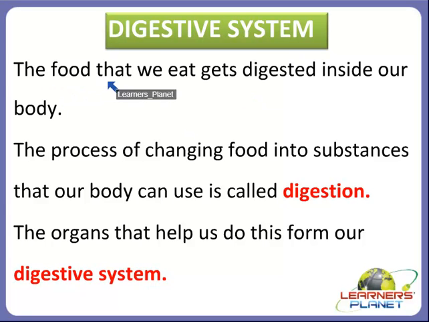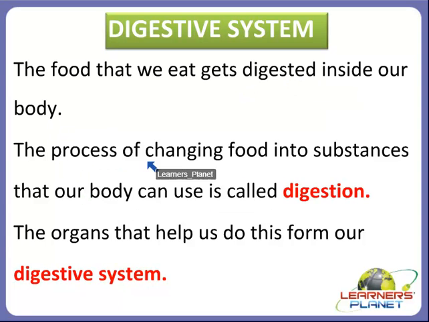Children, the food that we eat gets digested inside our body. Yes? Children, you might have noticed that you eat food, but after some time, what happens to the food that we eat? Yes, the food that we eat gets digested.